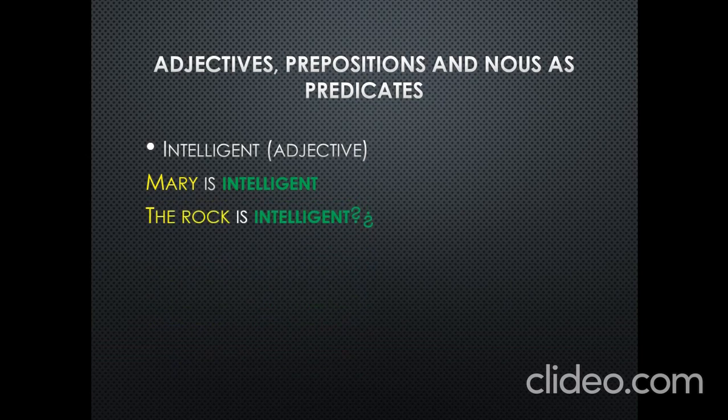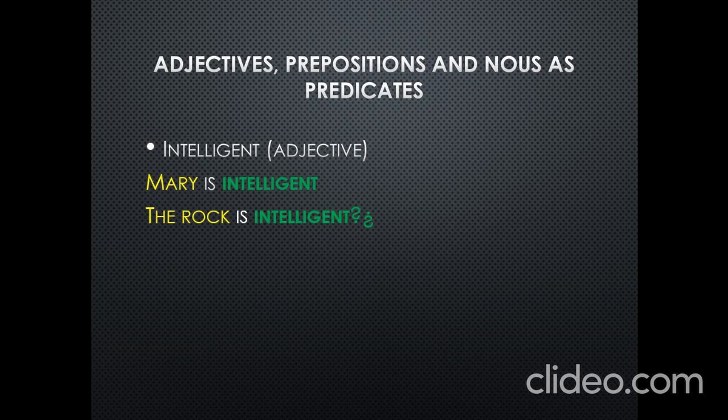From the point of view of syntax, this would be a grammatical sentence. It has a subject, the rock, and a predicate, is intelligent. The predicate has the head of the subject, the verb to be, and intelligent is a subject complement that refers back to the subject. So far so good in terms of syntax.